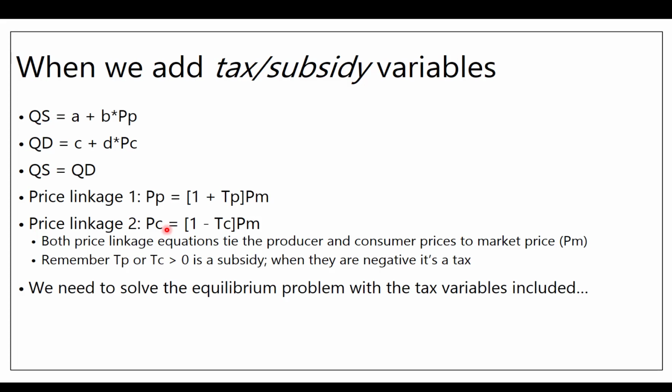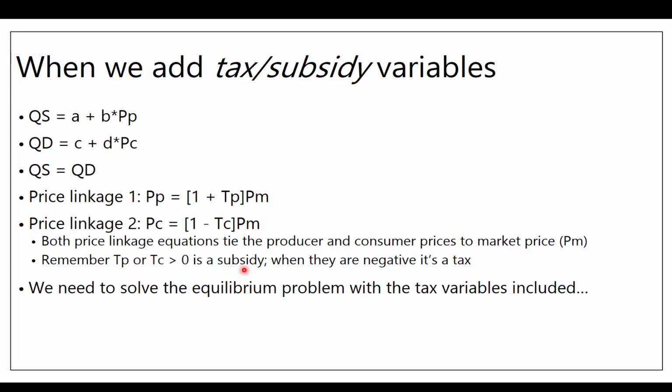Producers being benefited means giving them a higher price, while consumers want the lower price. So again, it would be 1 minus 0.05 if you wanted to give a consumer subsidy, and that would guarantee that whatever the market price is, the consumer is on the hook for 95% of that price. So that links together producer and consumer prices through this common market price.